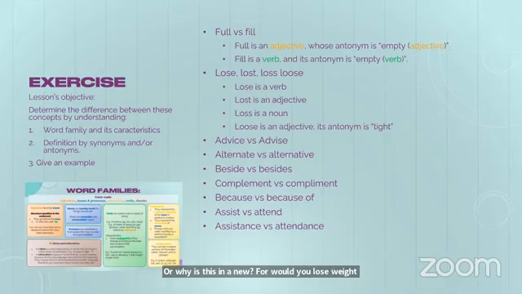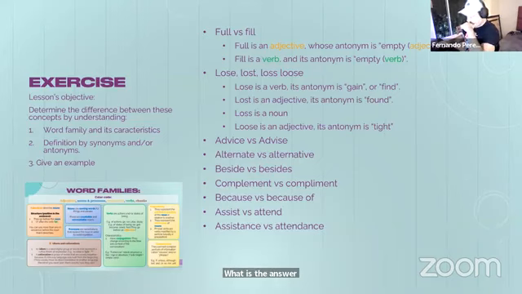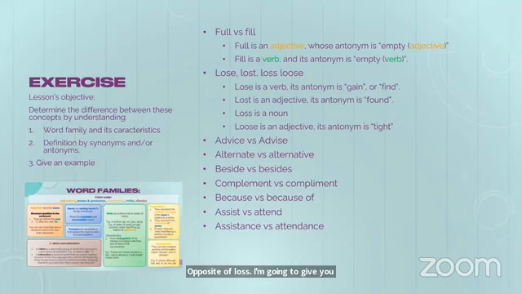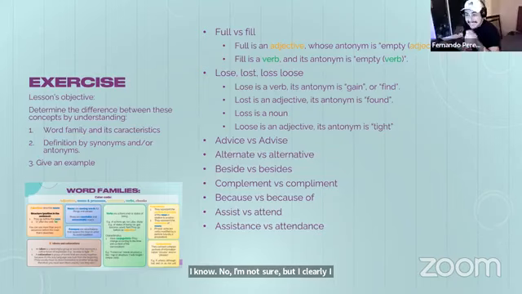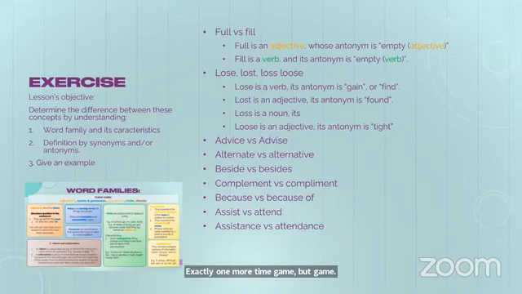What is the antonym of loss? Could it be gain? Exactly, gain. But gain as an adjective?